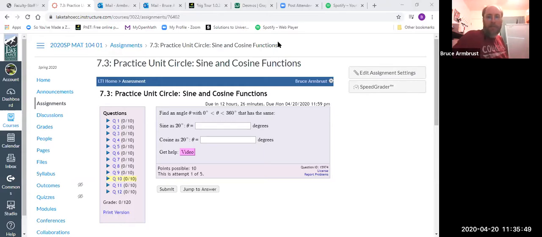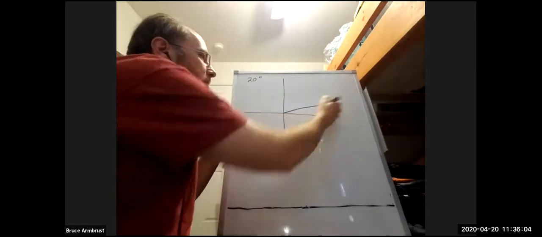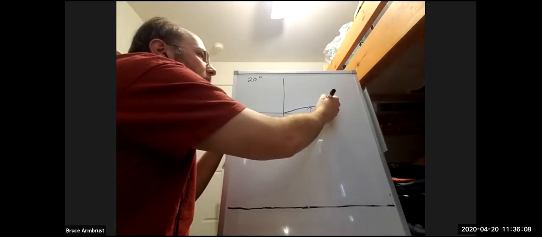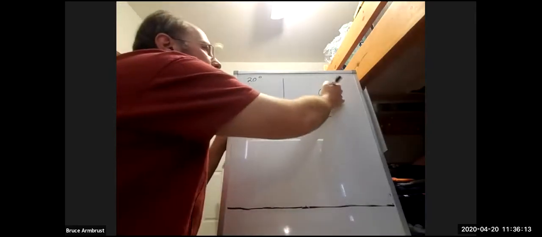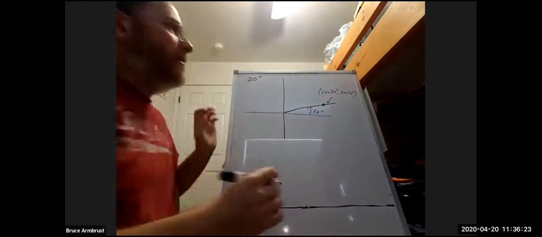So let's go to the board. All right, so we've got 20 degrees, and let's think about 20 degrees. That's going to be an angle that's somewhere over here. And on the unit circle is this point, and its coordinates are going to be cosine of 20 degrees, sine of 20 degrees.